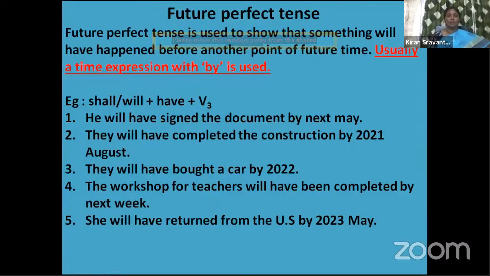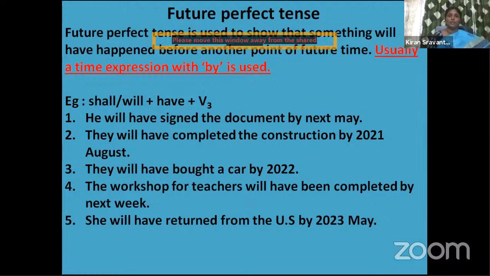Coming to the examples, he will have signed the document by next May. Means no more delay. By next May, when you come and check, that action will have been completed without any doubt. Then second one, they will have completed the construction by 2021 August.